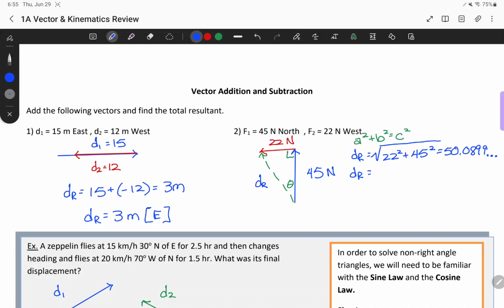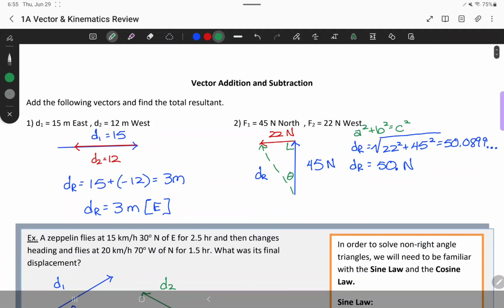However, for your final answer, you're then going to round to the correct number of sig figs, and it will be 50.0, but we just want two sig figs, so it'll be 50 with a decimal after it. That's going to be in newtons, and I do need a direction, so let's go back to that angle. We can use tan in this case.